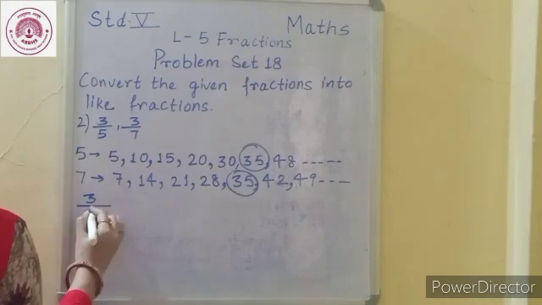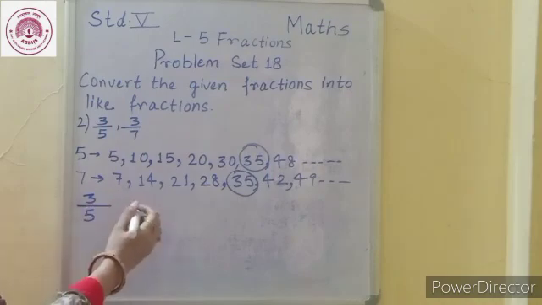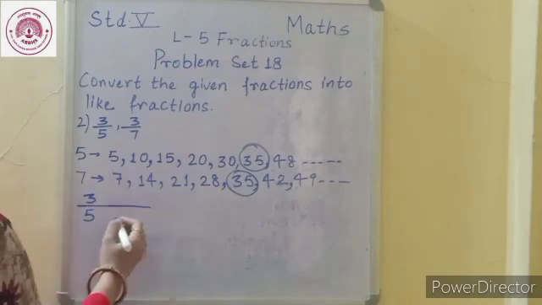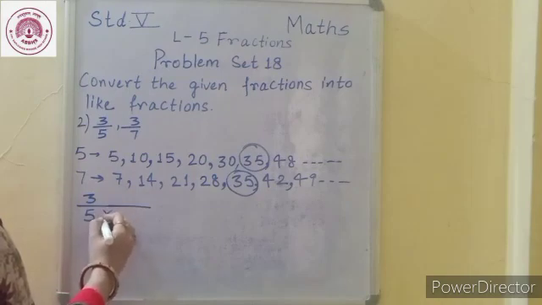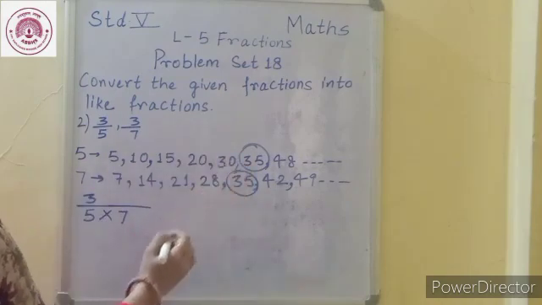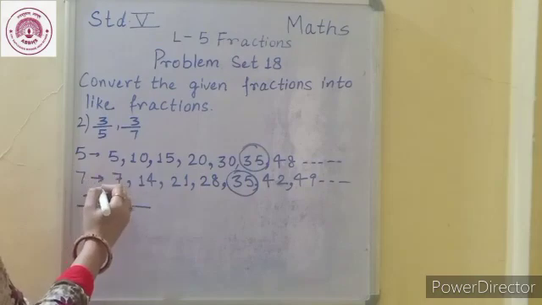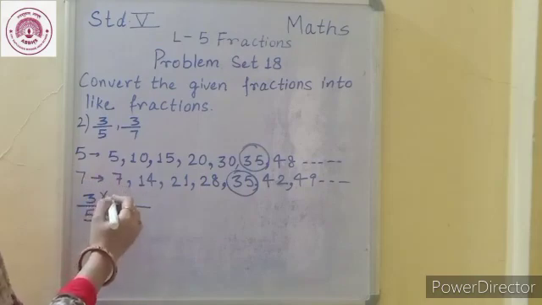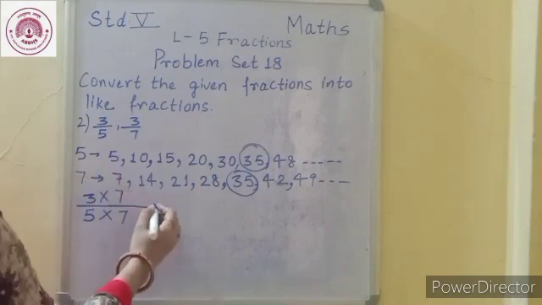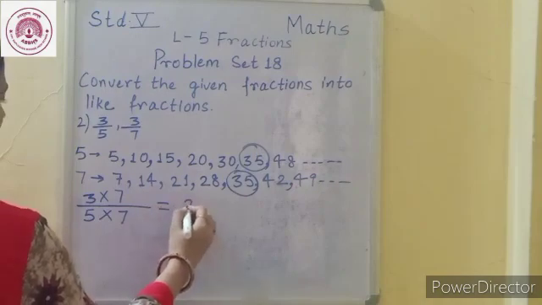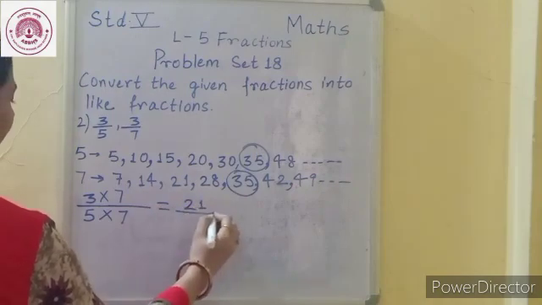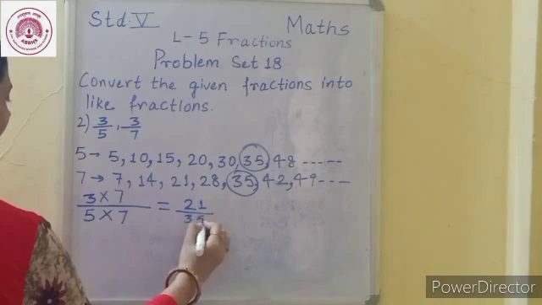Now taking 3 by 5 and converting 5 into 35, we have to multiply 5 by 7 as 5 sevens are 35. And similarly multiplying the numerator by the same number, we get 21 as the numerator and 35 as the denominator.